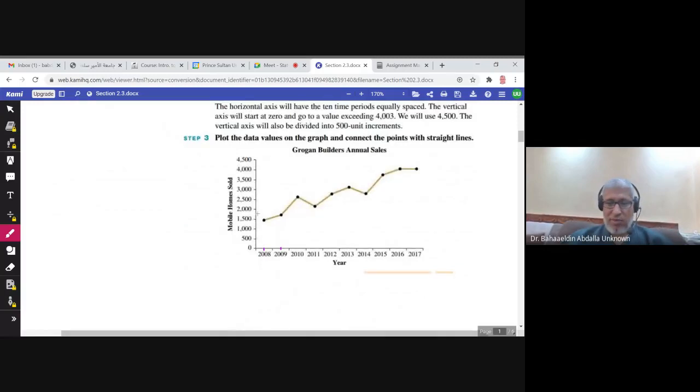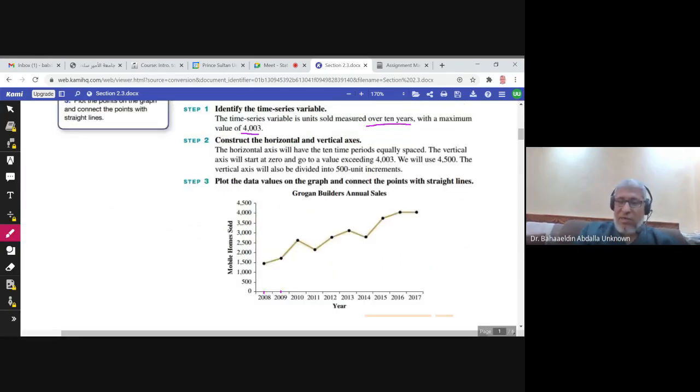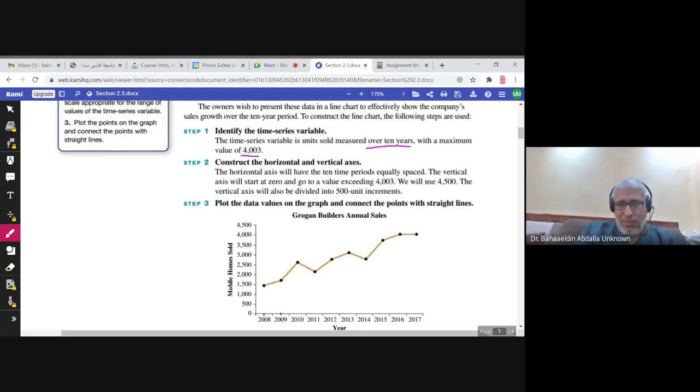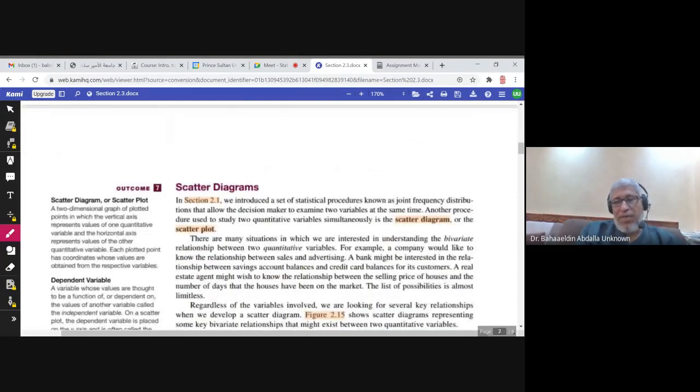So about 1,600 somewhere here. Okay. So this is the second point, and so on. And then we connect these points. We get a kind of line. This chart is called a line chart. Okay. So it will give you an upward trend in this case. So you can imagine the sales are increasing over the years. So this is the line chart.